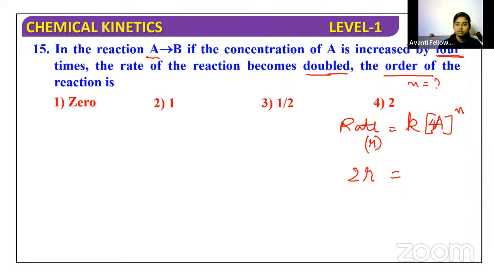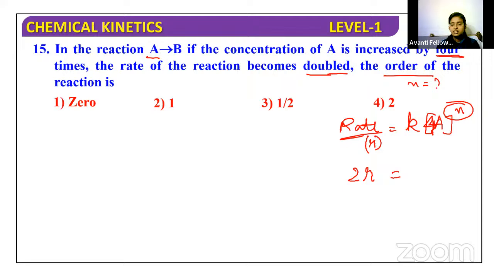When will the rate get doubled on increasing the concentration of A by 4 times? Option 3, Sanika. What about others? Others are struggling to solve this question or what? It is very easy actually.